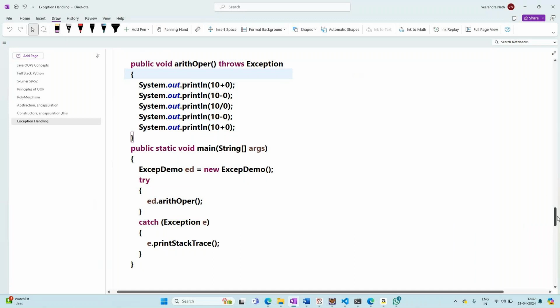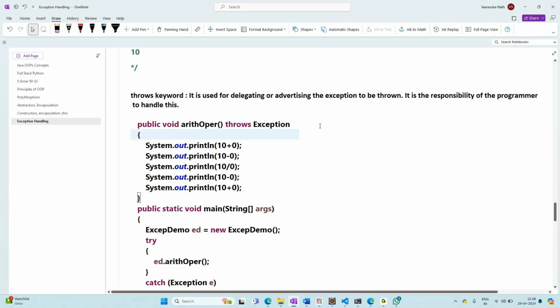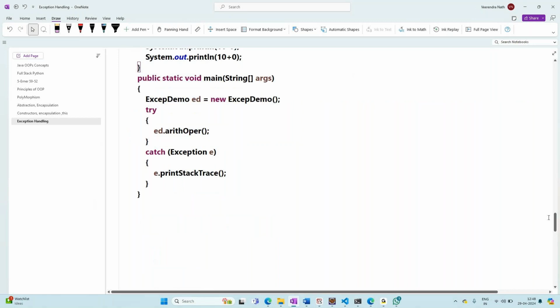Public void arith operation throws Exception, with 10 plus 0, 10 minus 0, 10 divided by 0 and all. So it is saying throws Exception, and you need to handle this.